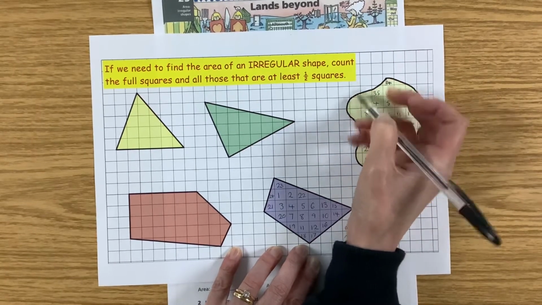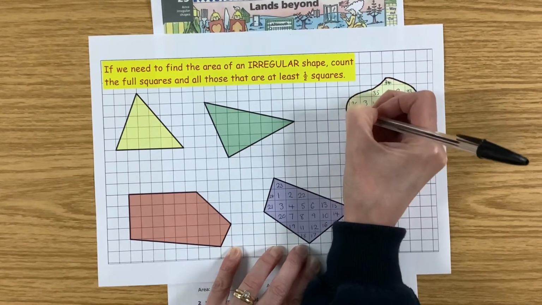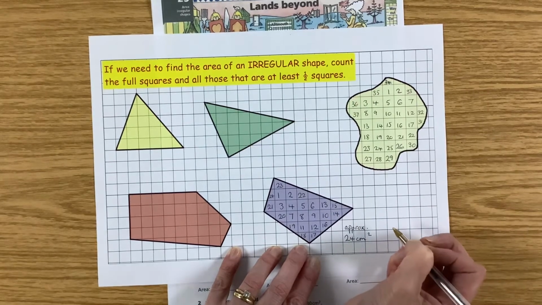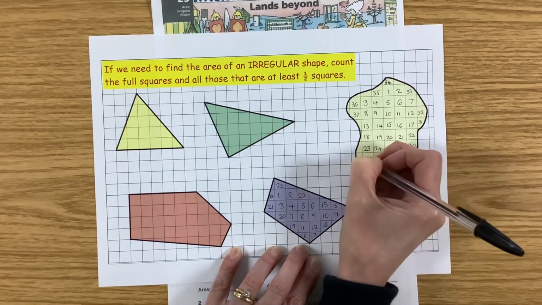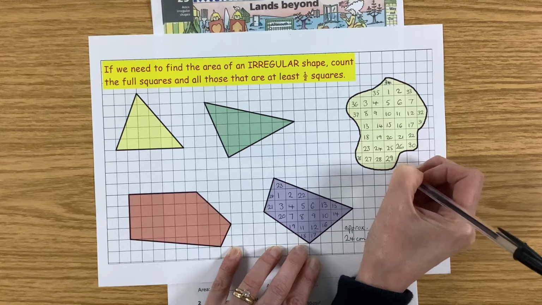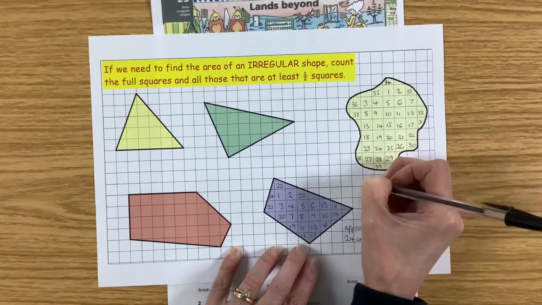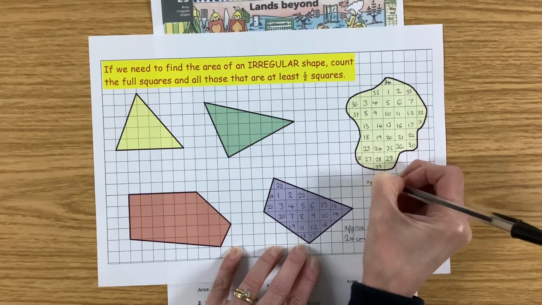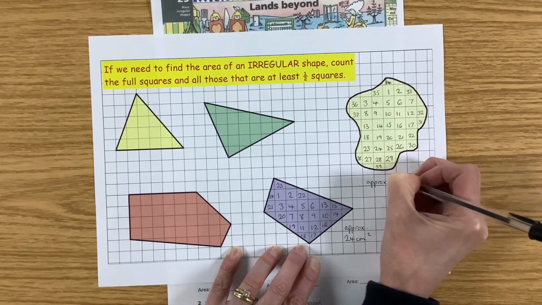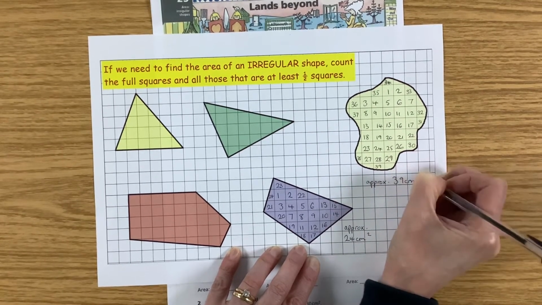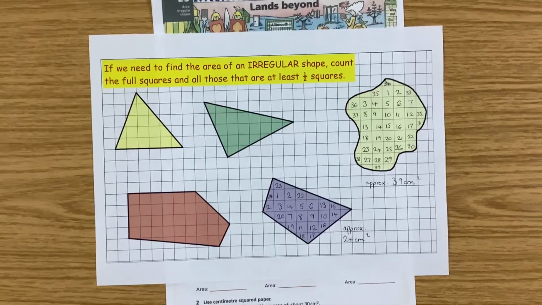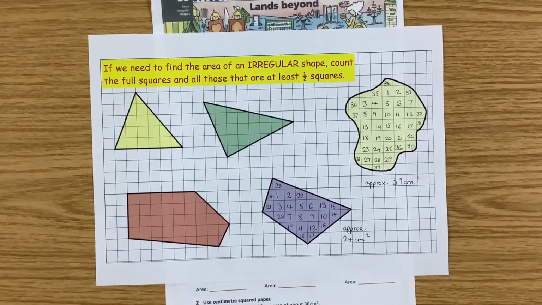I'm going to say no. 36, 37. Maybe 38. Maybe 39. I'm going to say for that one that the area is approximately 39 centimeters squared. We can't be exact, but we're getting as close as we can.